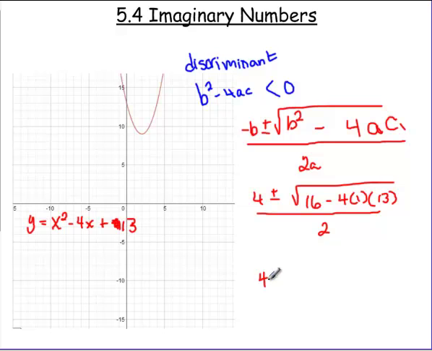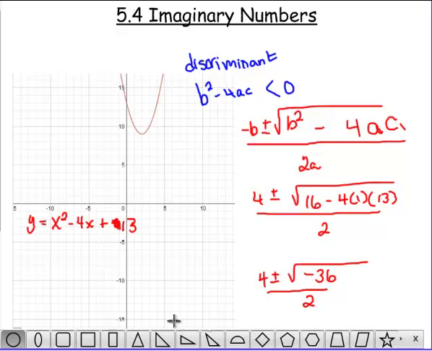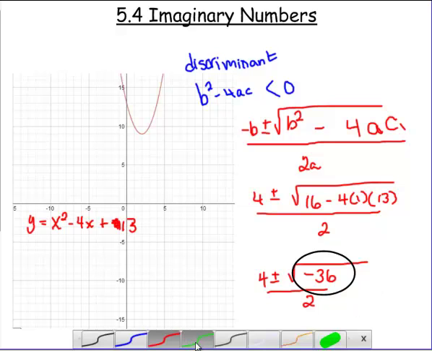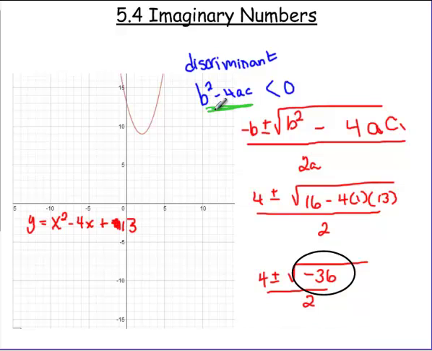So that's 4 plus or minus the square root of 16 minus 52, and there is my discriminant. Look at that. My discriminant in this problem ended up being negative 36. Hey, that's what we predicted up here. Right up here we knew the discriminant would be less than 0 because the roots don't cross the x-axis. Okay, we get that. So we have to learn how to work with that.